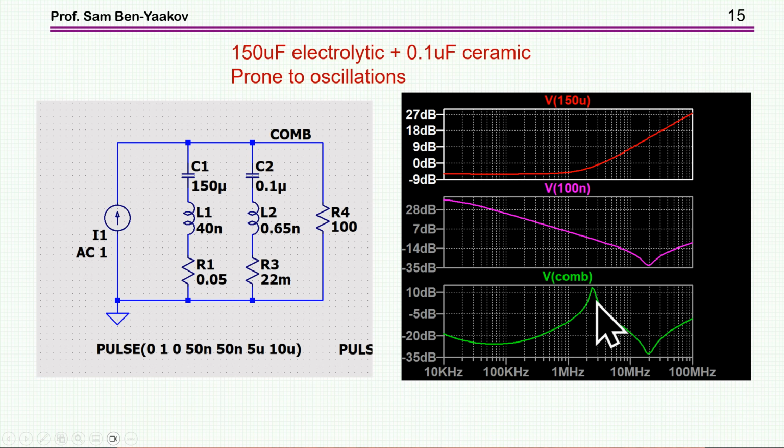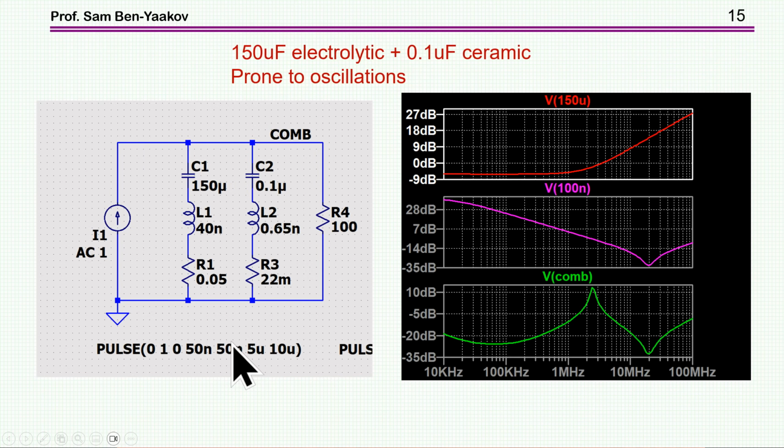Why is that? Well, it is because in this region here, we have an inductive behavior of the electrolytic capacitor. We have here still the capacitive behavior of this ceramic capacitor. So L and C here, with a low resistance, high Q, is actually creating a resonant network, a parallel resonant network.